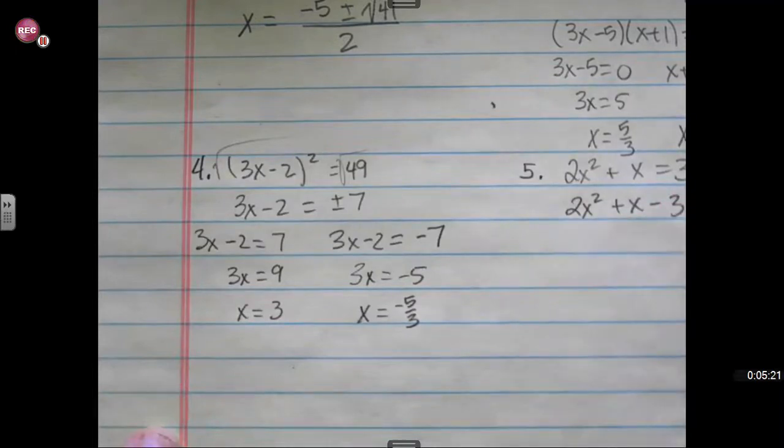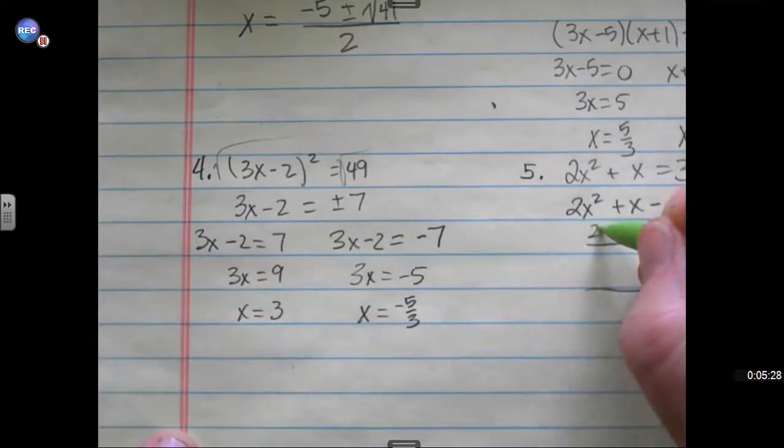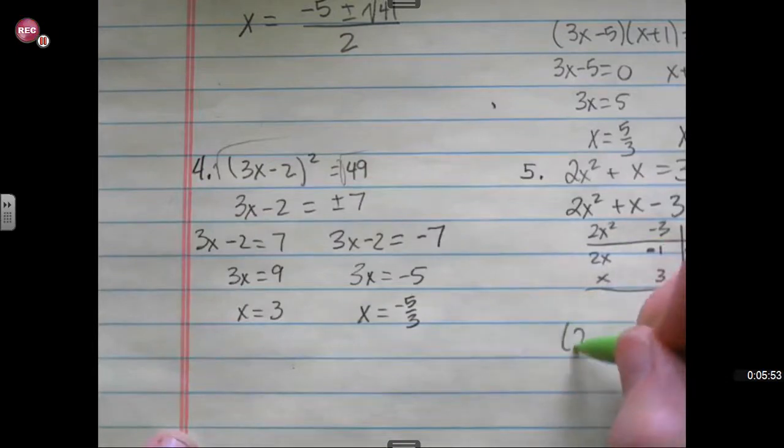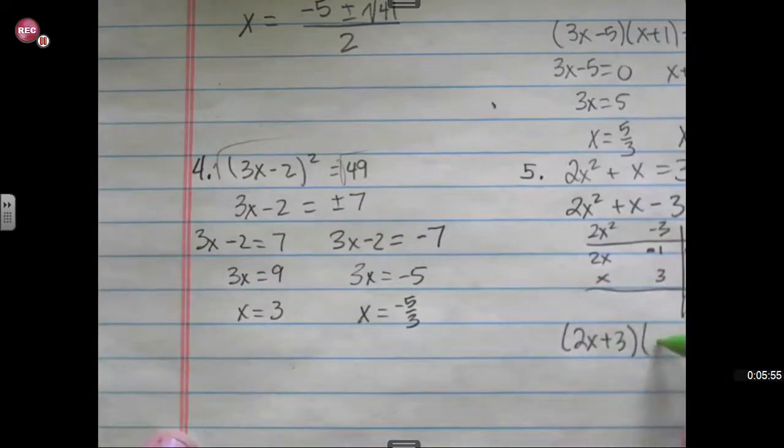I think I might be able to get that to factor. 2x squared, negative 3, 2x and x, 1 and 3, 2x and 3x, and so see, I need this one negative in order for that to work. So I get 2x plus 3 times the quantity x minus 1.